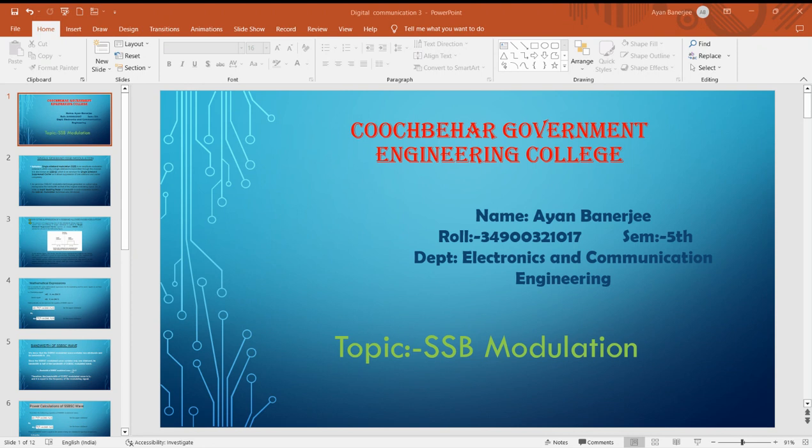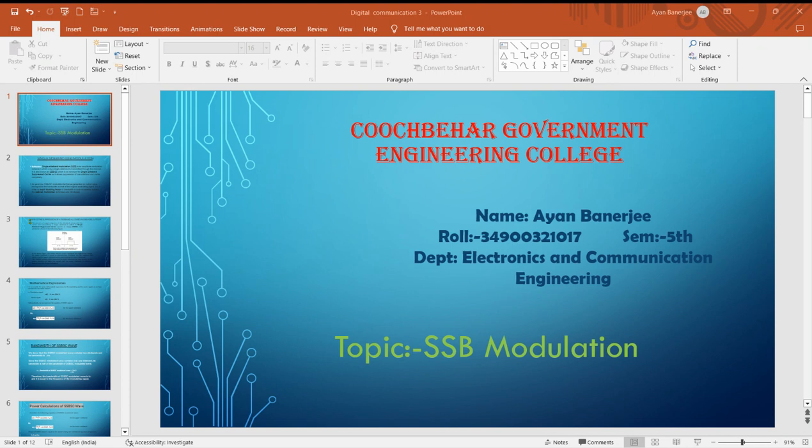Here the carrier and lower sideband are suppressed. Hence the upper sideband is used for transmission. Similarly, we can suppress the carrier and the upper sideband while transmitting the lower sideband.